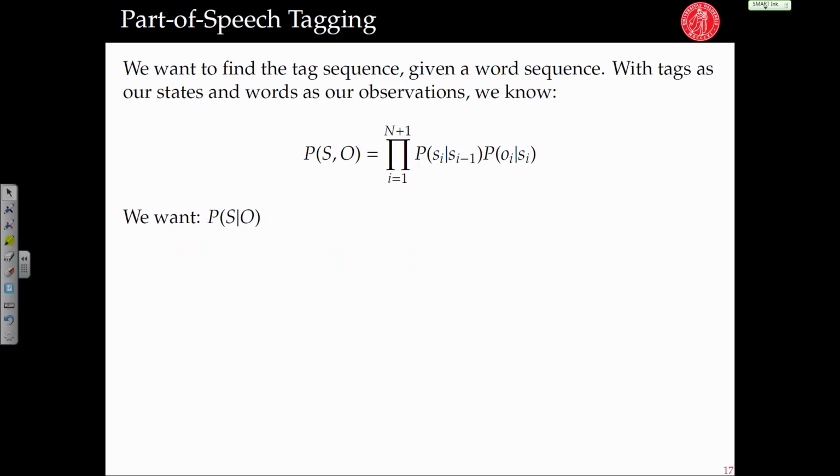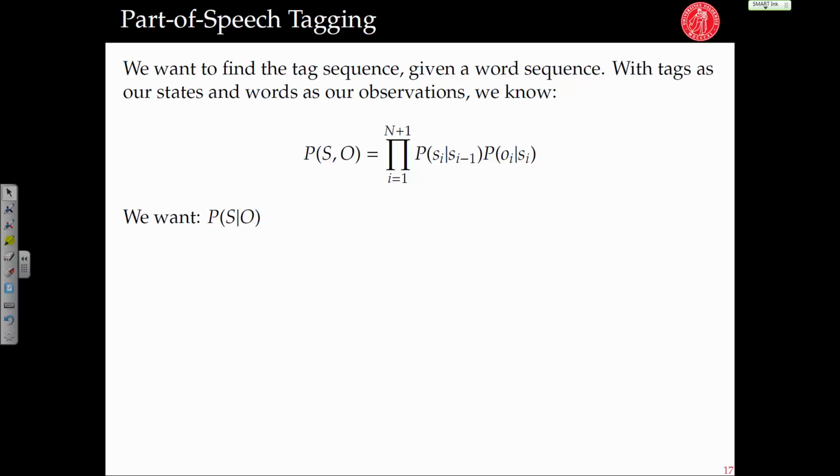So if we revisit our definition of hidden Markov model and how to compute the joint probability of a state sequence and an observation sequence, that would be the product from i equals 1 to n plus 1 of the transition and emission probabilities.